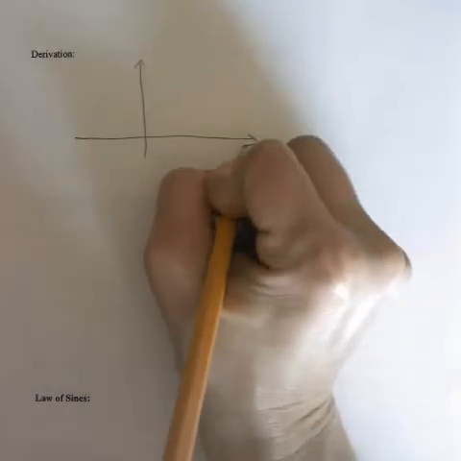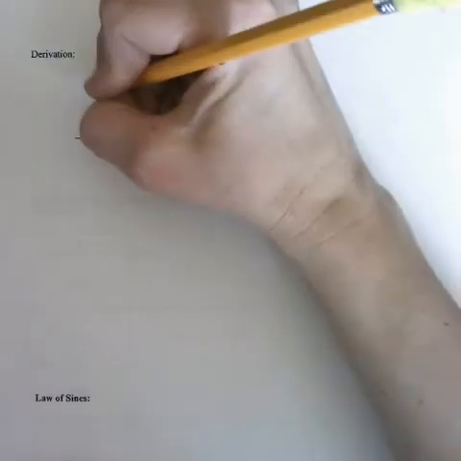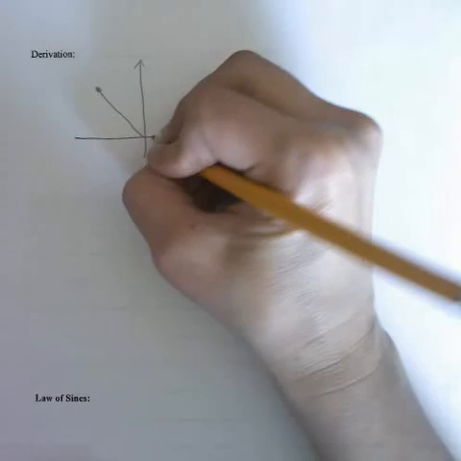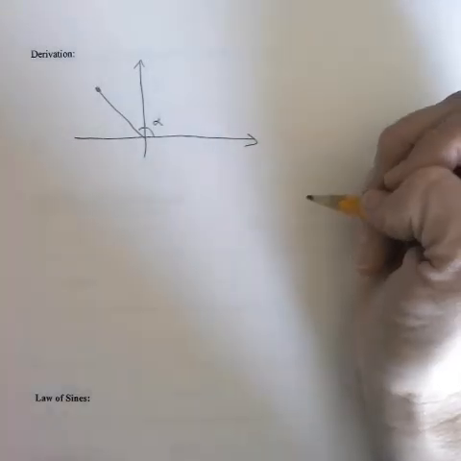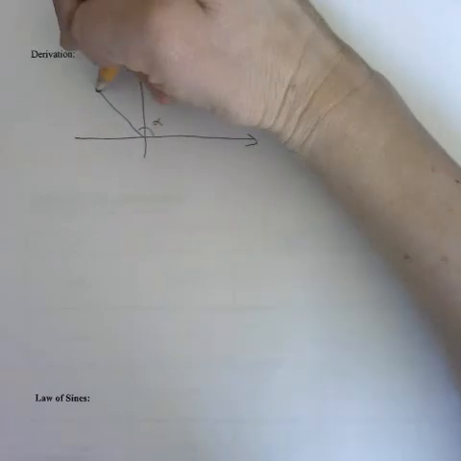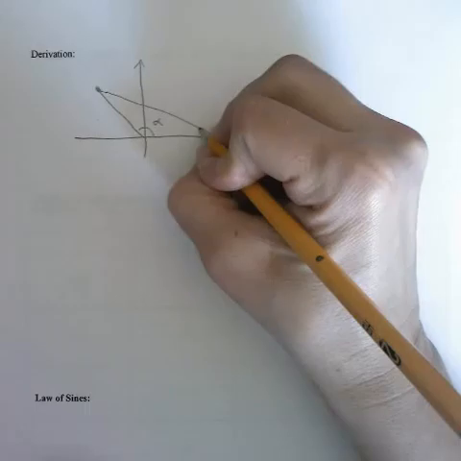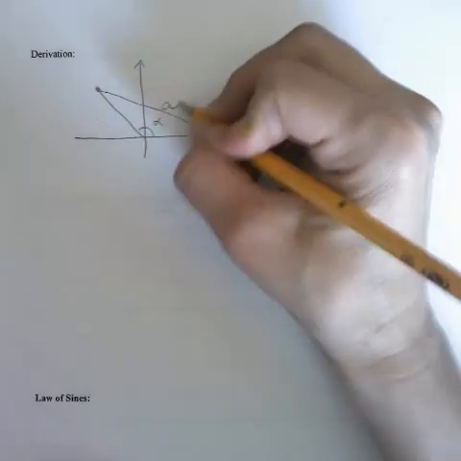So let's put alpha in standard position. This is alpha. And we're going to create this triangle. So if this is alpha, this is a side of length a.